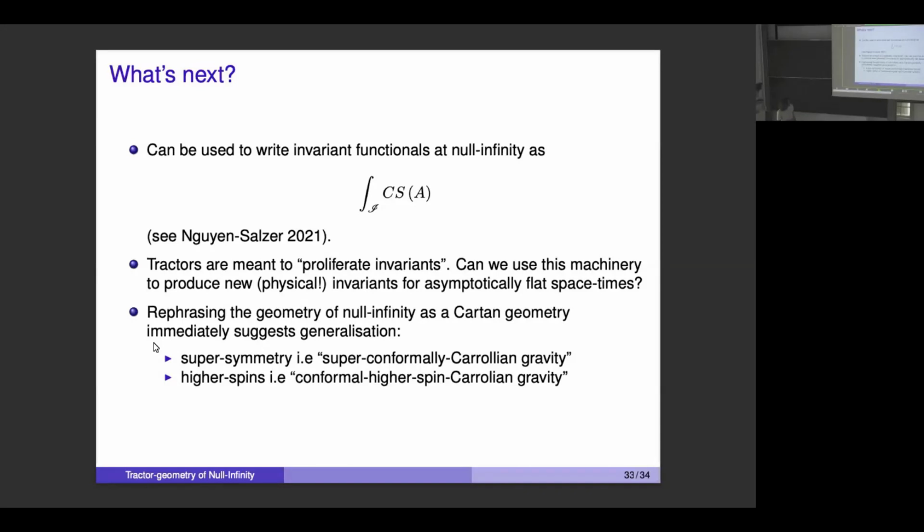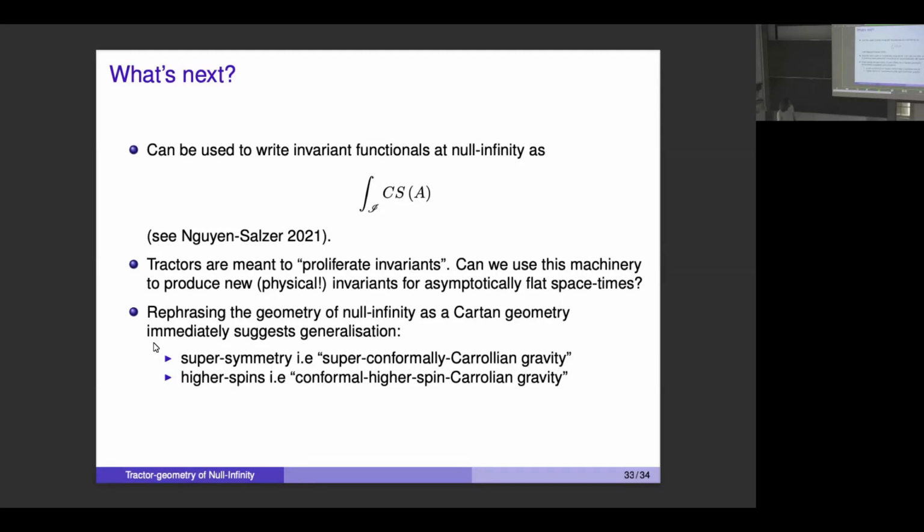The last point is more conceptual, but I think just as important: the fact that you can now rephrase the whole geometry of null infinity as being this Cartan geometry immediately suggests generalizations.